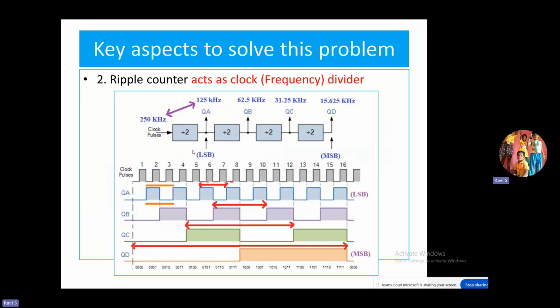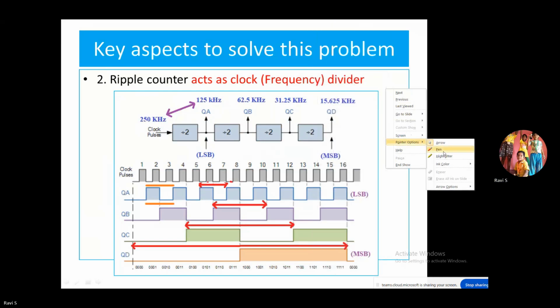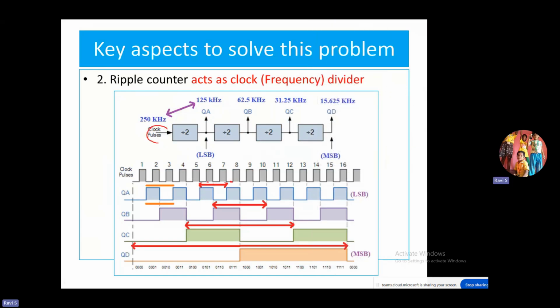We need to calculate the frequency of the clock signal. Now, the next important thing we need to understand is that a ripple counter acts as a clock divider or frequency divider. So whatever input signal we apply, it gets divided by 2. If you observe, I apply some clock pulse to the first flip-flop.